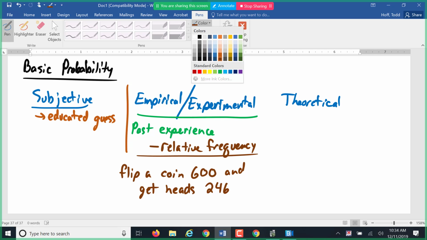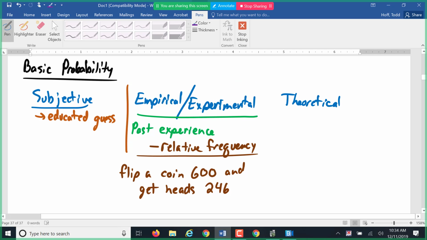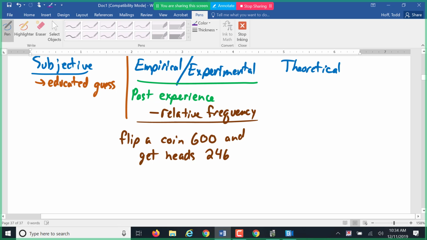That would indicate to us the probability of getting heads, and we're going to introduce some notation here. The notation is capital P, and then we'll put heads in parentheses. So that's saying the probability that the result of that event will be heads.